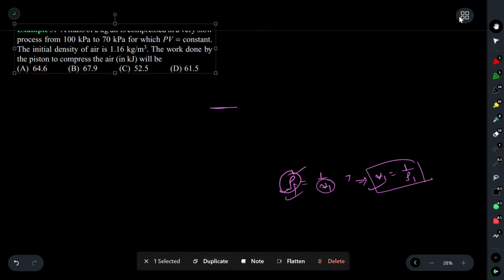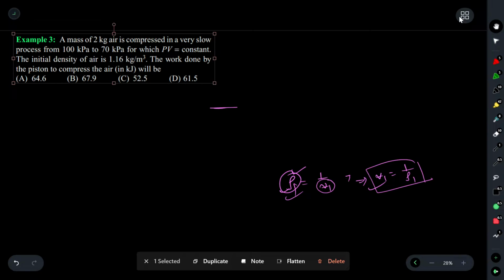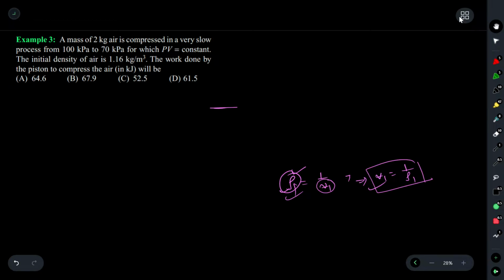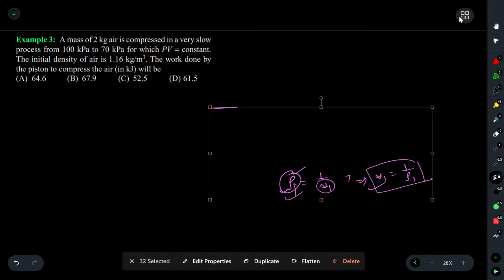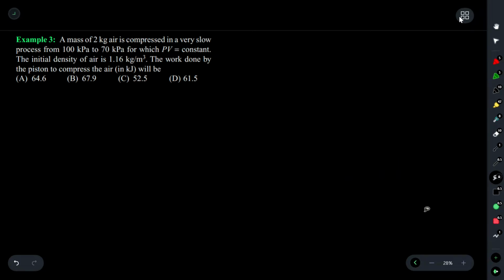So what are the given data to us? Initial pressure is given, and final pressure is given. So let me erase all these portions and write down the given data over here.